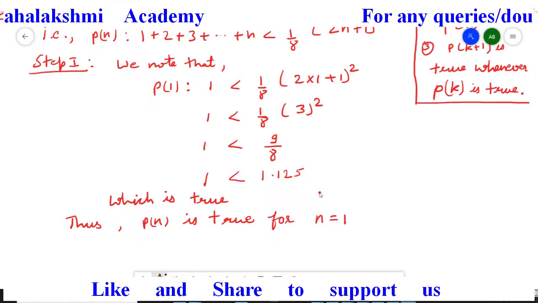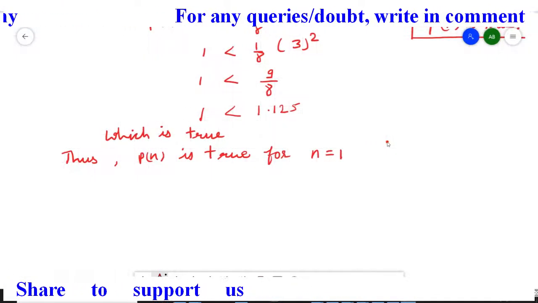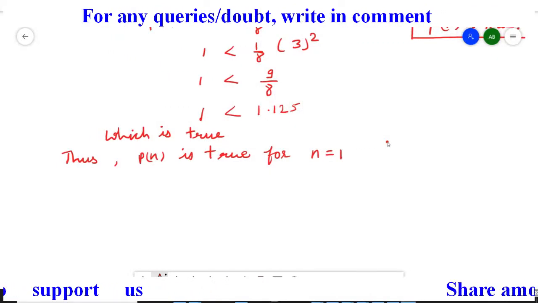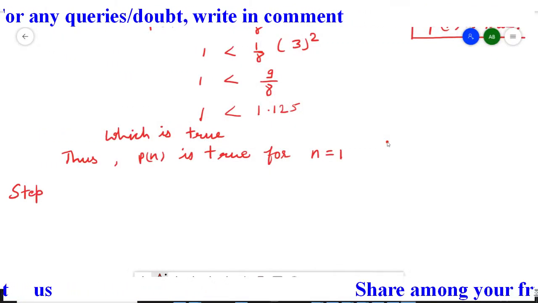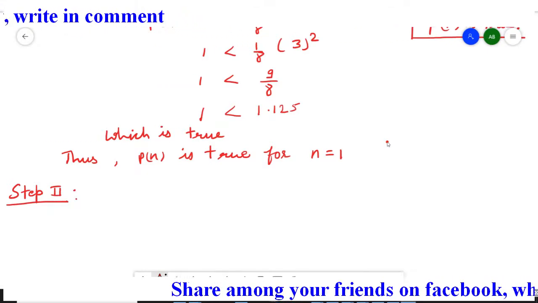Now we have to prove step second. In step second, for n equal to k, we have to assume that the statement is true. So we will write here step second. Nothing is there to prove, only we have to assume.